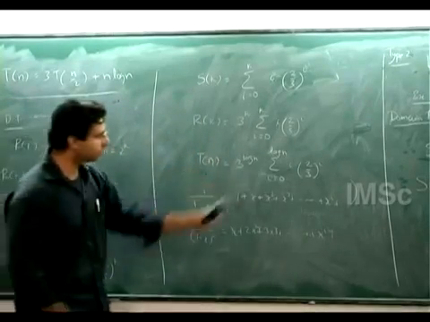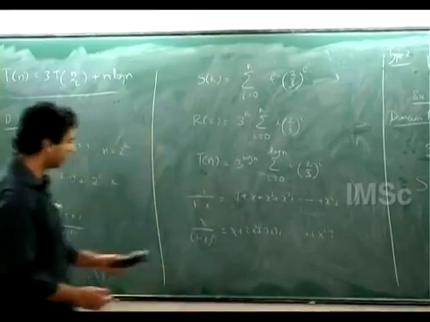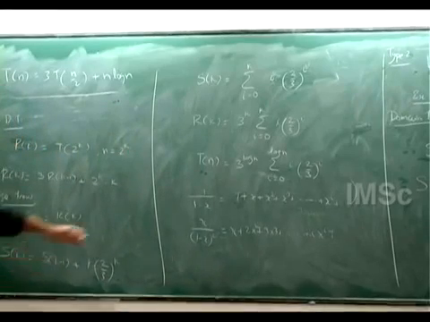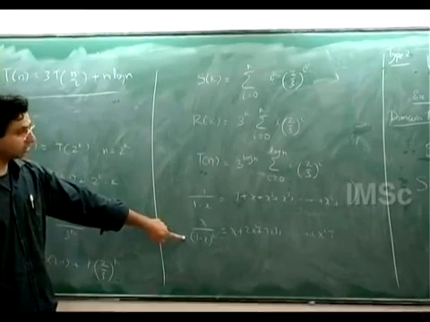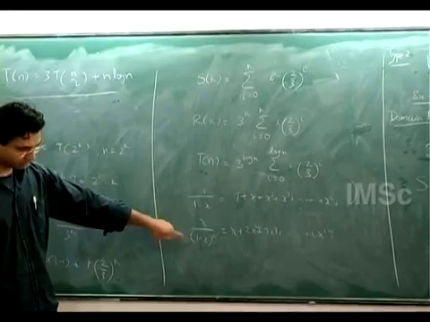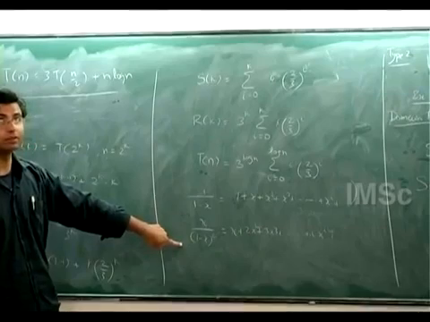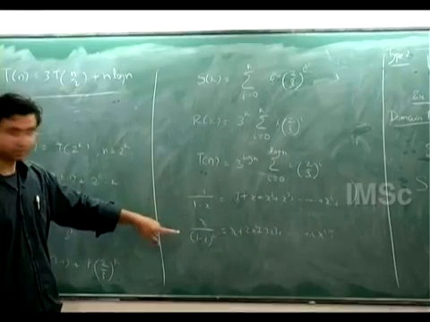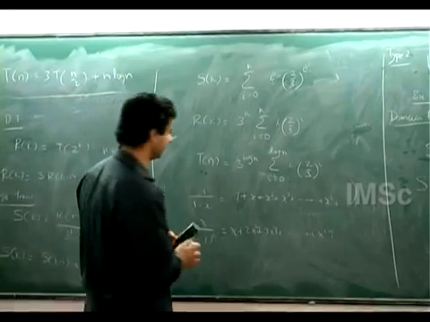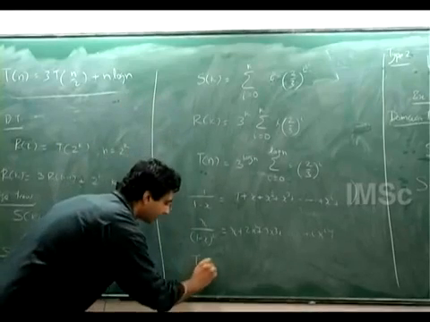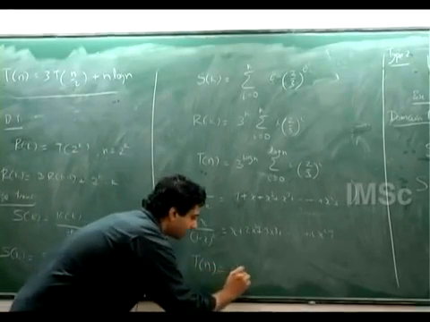So if I plug in x equal to 2 by 3, what do I get? 2 by 3 and 1 by 3 is 9, I mean 6, yeah, so 6 times.